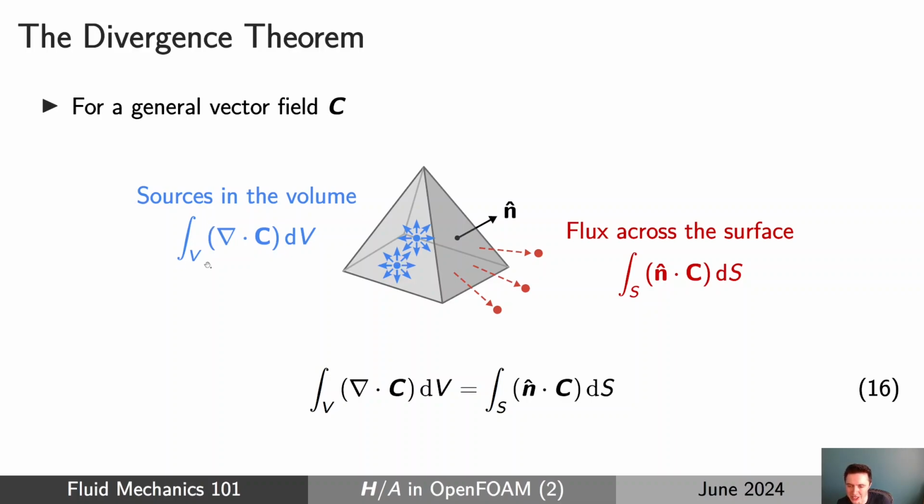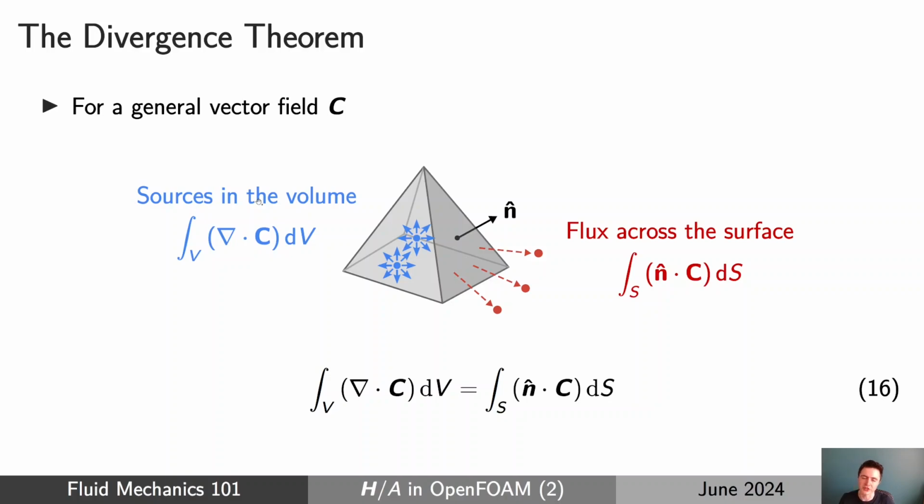But if you were to integrate all of those across the cell, then you would be creating some amount of the quantity C within the cell. And of course the cell is rigid, it can't move or expand, and what that means is that the creation of that quantity C must be balanced by the flux of that quantity C across the surface. If you're creating C, it has to make its way out of the domain somehow.